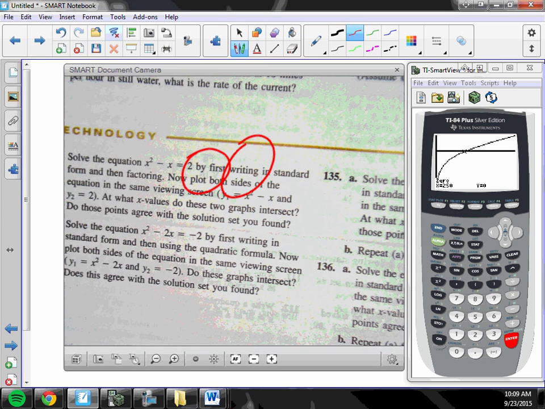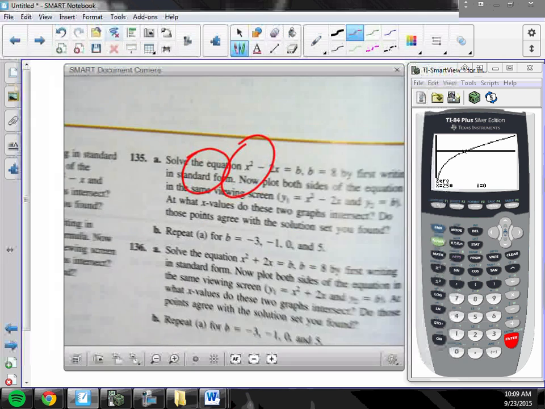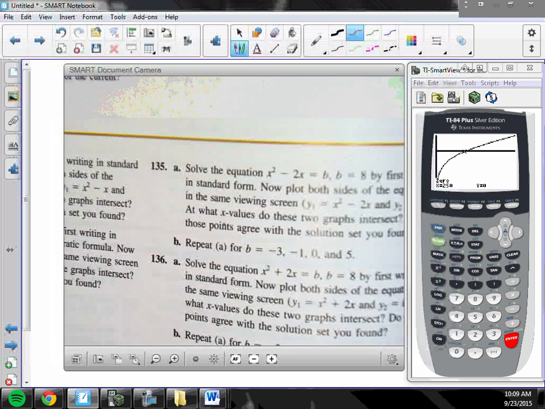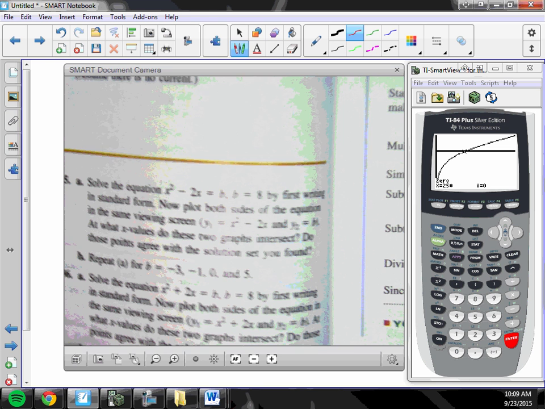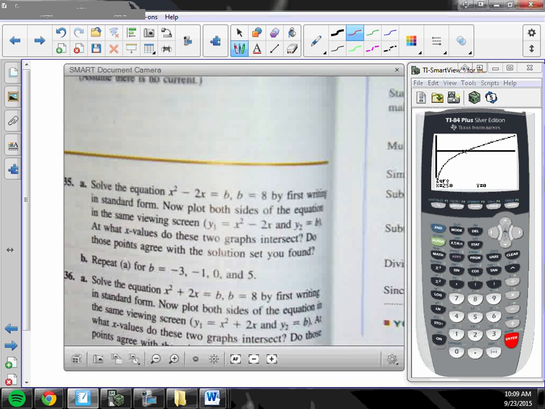And then 135, solve x squared minus 2x equals b when b equals 8 by first writing in standard form, plot both sides. So instead of factoring this, it wants you to use y equals 8.